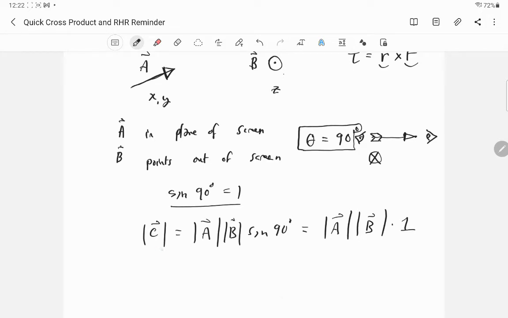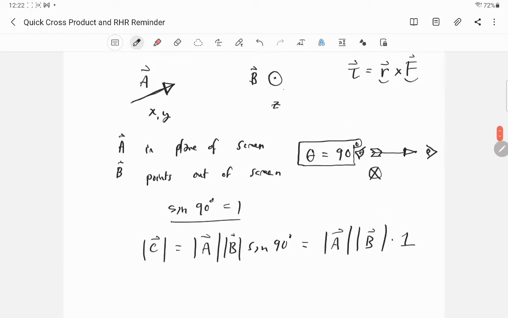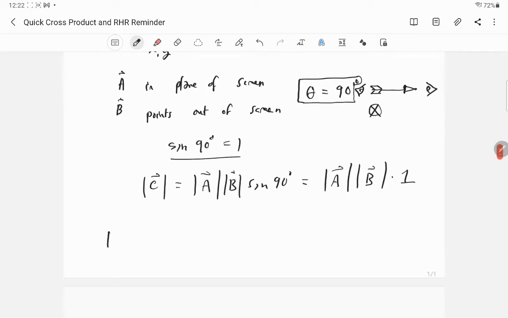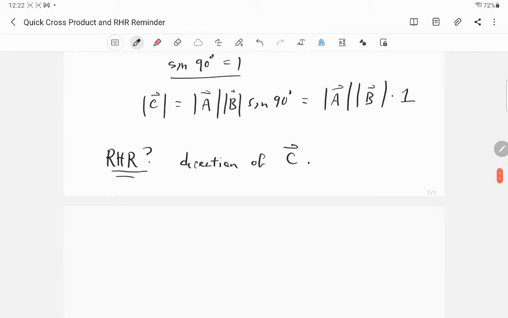All right, so if you know the magnitude of A and the magnitude of B, then you know the magnitude of C in this particular case, right? But what about the right-hand rule? The right-hand rule at this point gives us simply the direction of C. That's all it's going to do. It doesn't give us the magnitude, it gives us the direction.